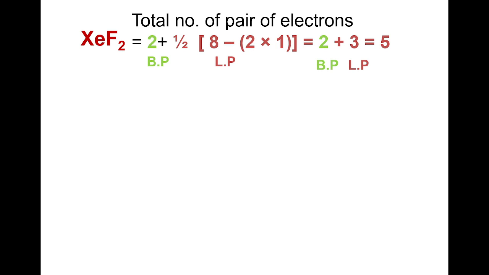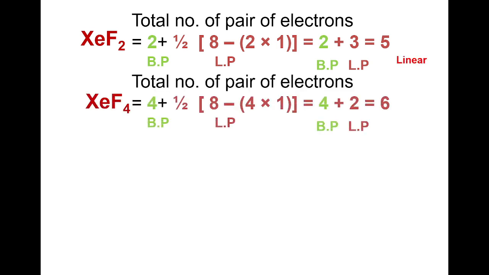The outermost electron of xenon is 8. So 2 surrounding atoms into 1, the valency of fluorine. So we get 2 plus 3: total bond pair 2, and 3 is the lone pair of electrons. So we get the shape of XeF2 as linear.